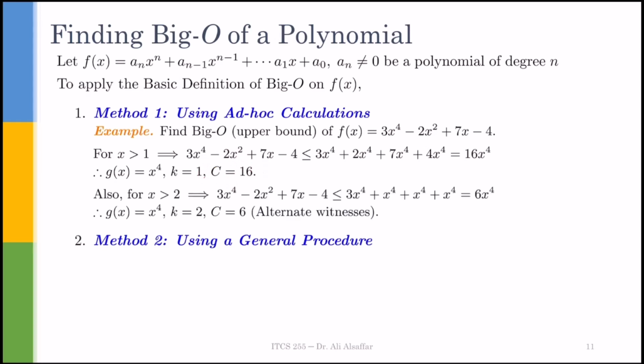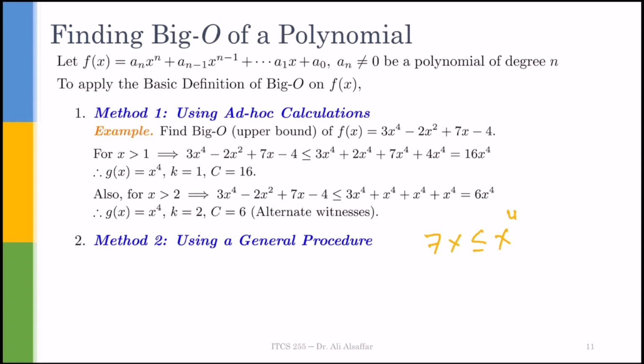Now we can do other ad hoc calculations. So we will leave the dominant term as it is, but every other term is replaced by positive x raised to power 4. If the term is negative, then there is no need to change that x is greater than 1. But if you have other than negative number, for example, 7x, when we replace 7x by x raised to power 4, then we have to solve this inequality to get the value of x as an interval.